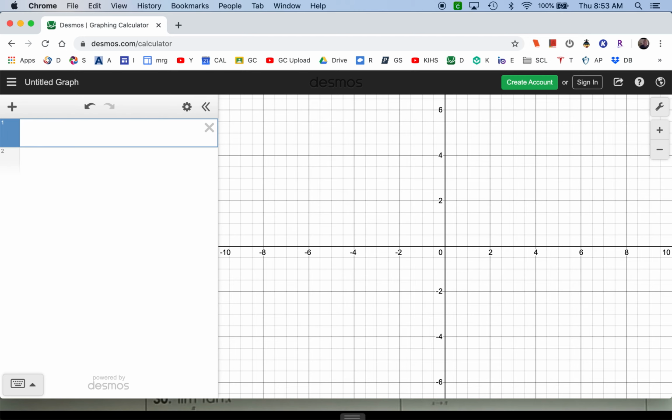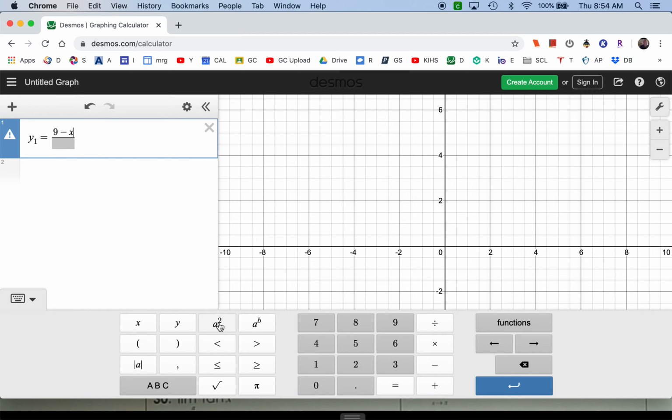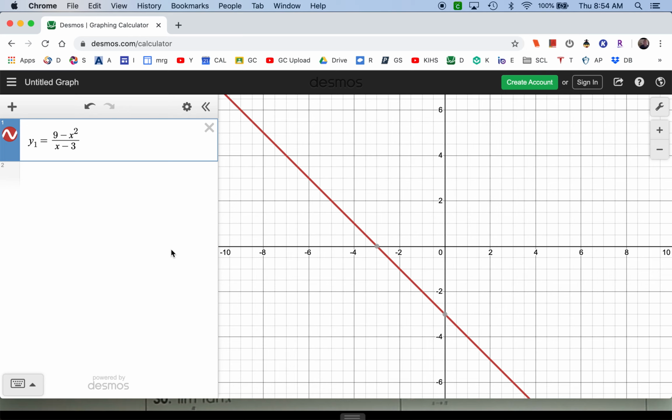So I'm going to go y1 equals, I'm going to type in 9 subtract x squared, and then it's x subtract 3.